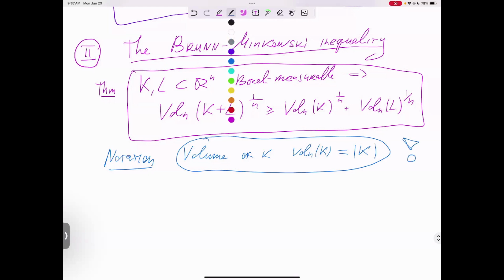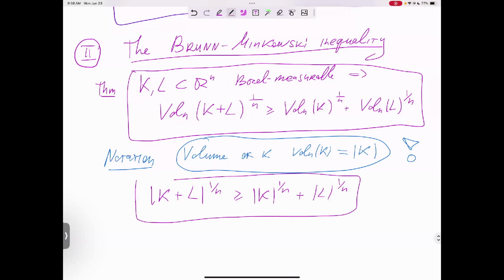So another way to write the Brunn-Minkowski inequality, maybe a little bit shorter, is just like this. Are there any questions about the Brunn-Minkowski inequality so far?